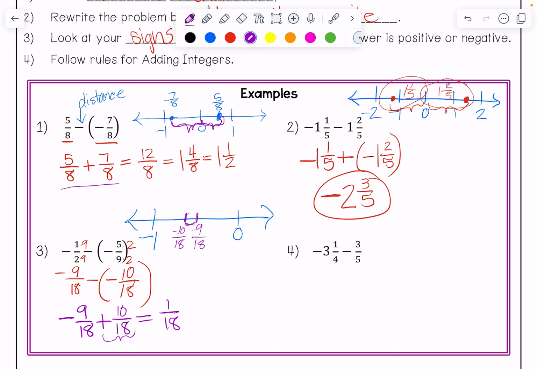-3 1/4 minus 3/5. We're going to find that common denominator first. So that's going to be 20. So -3 5/20 minus 12/20.